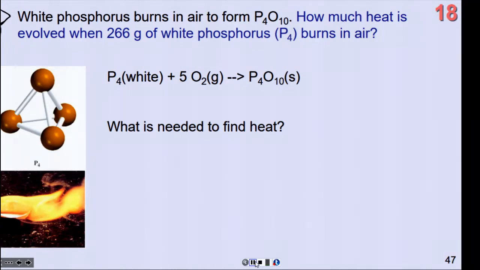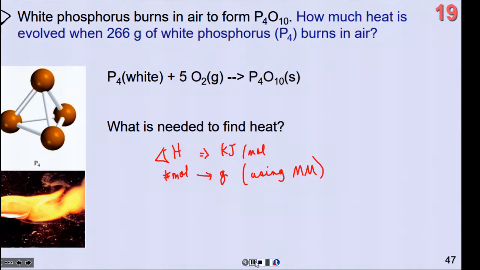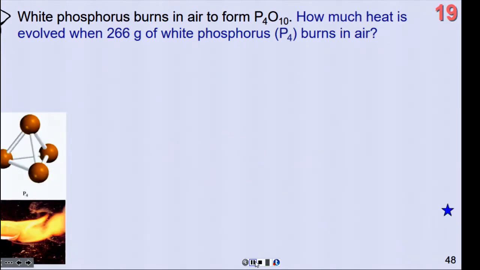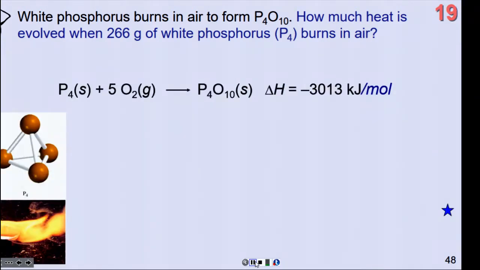So we're going to look at delta H, and then we'll have to determine the number of moles, because this is going to be in kilojoules per mole, and we'll find the number of moles from the grams. What do we use to get between grams and moles? Molar mass. All right, are you ready? Here goes. So there's the reaction and the delta H value. You find it somewhere, somebody provides it. You're not going to know the numbers.